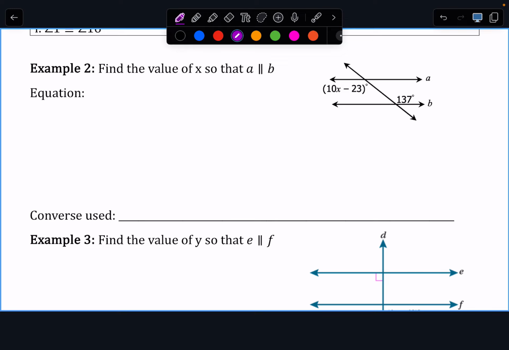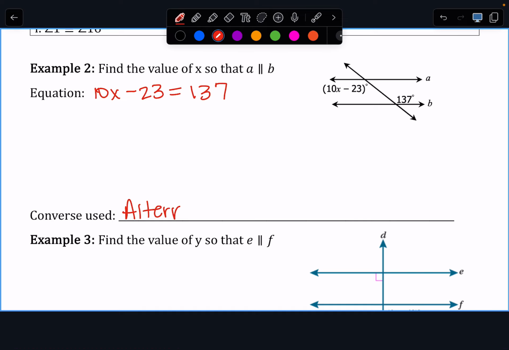Kale and Sam, could you join us, please? Thanks. Okay, so if I want A and B to be parallel, what am I going to have to do with these two expressions? I'm going to have to set these equal to each other. What converse are we using?